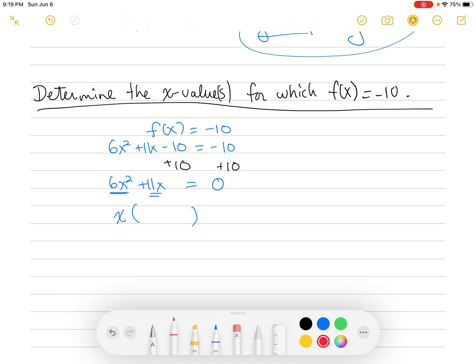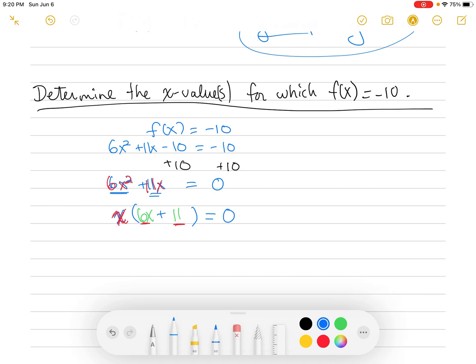In other words, what times x gives me 6x squared? 6x. Then I'm going to put a plus sign, and ask what times that x gives me 11x? Well, positive 11. 6x times x gives me 6x squared, and positive 11 times x gives me 11x. This is all equal to 0 when these two things are multiplied together.